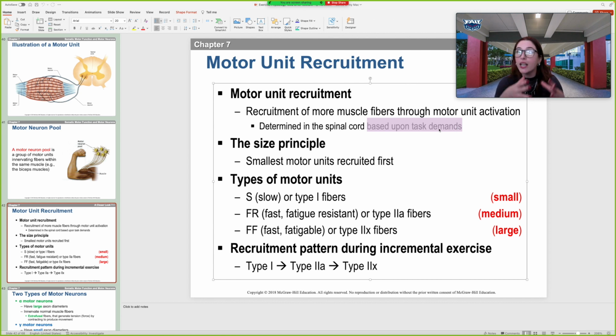Depending on what it is we're doing, how heavy it is, we need to have that precise control. And this precise control is determined at the spinal cord, okay? The decision to move a muscle can come from those higher brain centers, but in terms of that precise motor unit recruitment, that's going to be at the level of the spinal cord, okay?